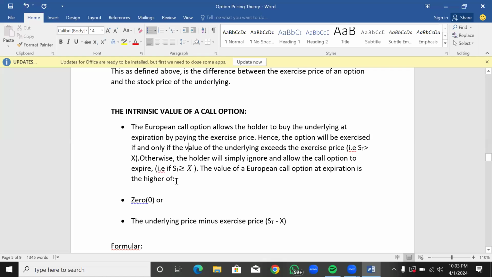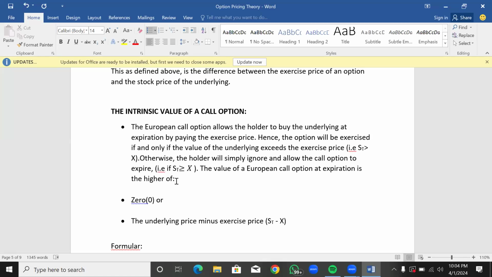So we said the European call option allows the holder to buy the underlying at expiration by paying the exercise price. Hence, the option will be exercised if and only if the value of the underlying exceeds the exercise price. That is, when your stock price is greater than your exercise price. Otherwise, the holder will simply ignore it and allow the call option to expire.